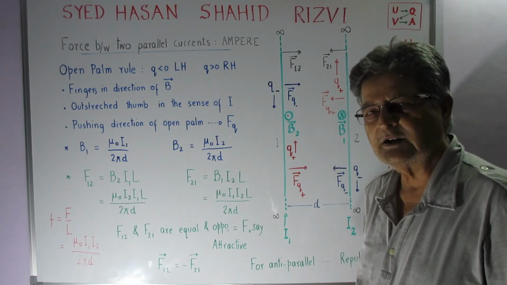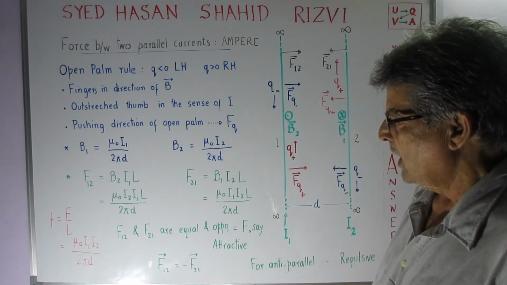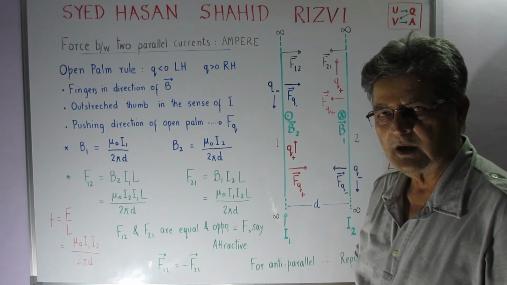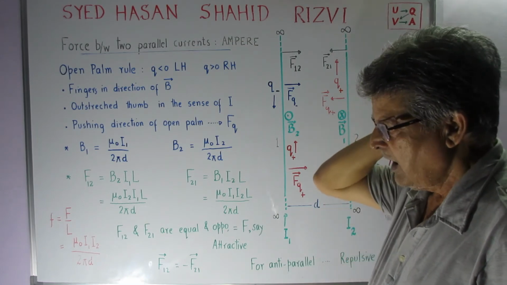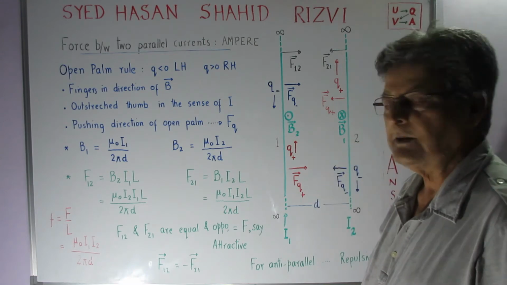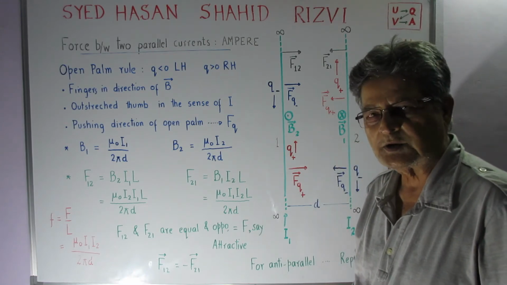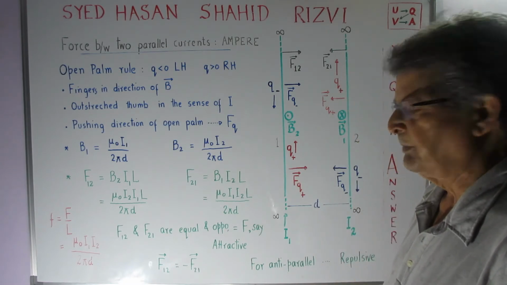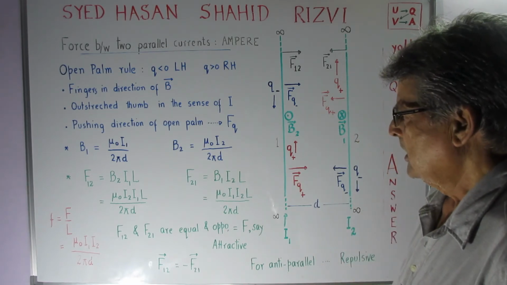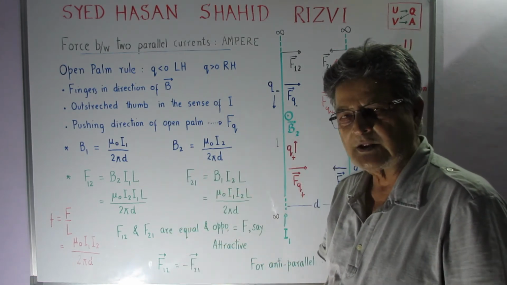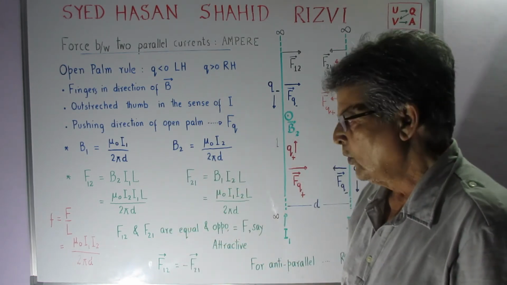The force on a length of wire L was found to be I L B. My teacher said Bill, so I'm using that Bill sine theta here, and sine theta is equal to 1.